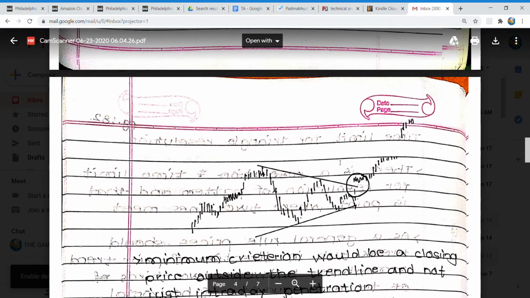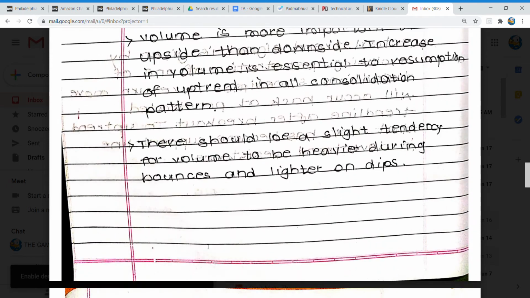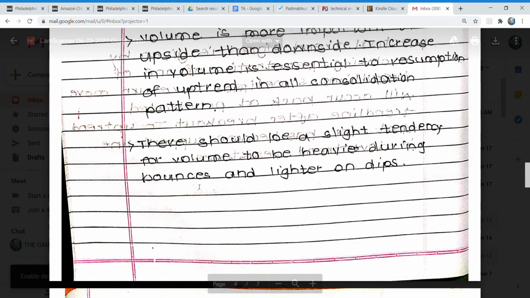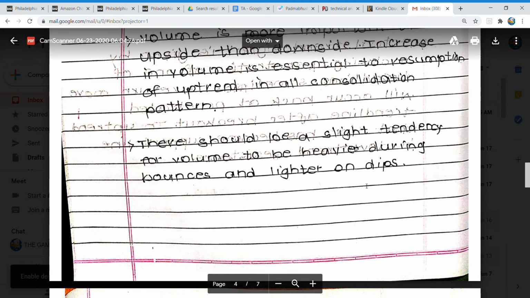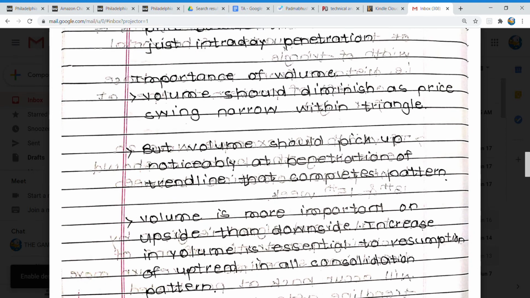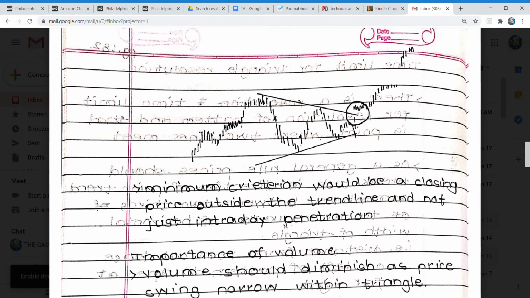So in an upward breakout, volume is more important than in a downward one. Then there should be a slight tendency for volume to be heavier during bounces and lighter on dips. The volume should be heavier on these bounces and lighter on these dips.